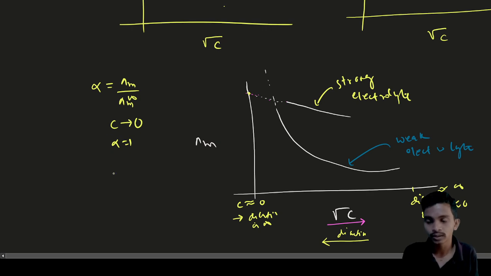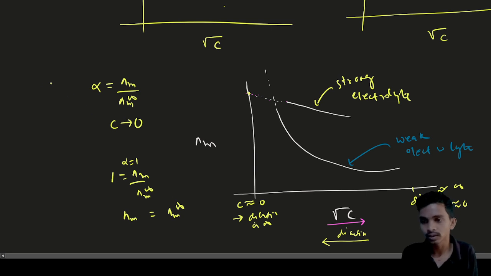So if alpha tends to 1, then this equals this upon this. At that time, lambda m, the molar conductance, equals the molar conductance at infinity. Alpha equals 1 when c tends to 0. This is case 1.